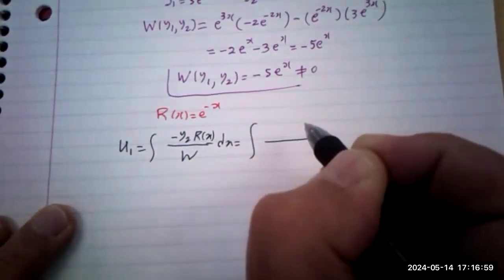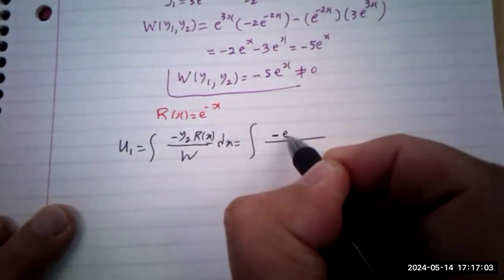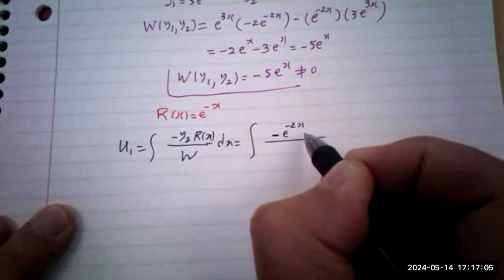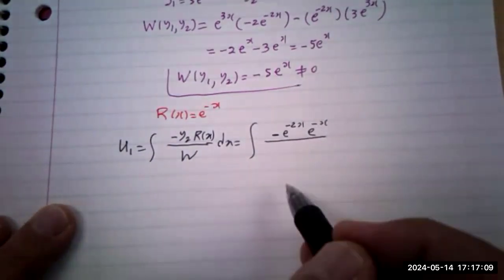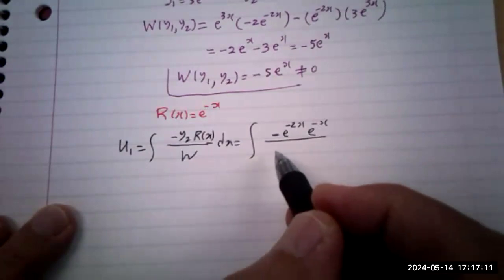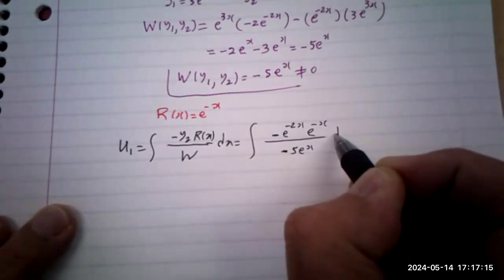The y2 is e to the negative 2x, so it's going to be negative e to the negative 2x. R of x is e to the negative x, and the Wronskian is negative 5e to the x, and the dx.